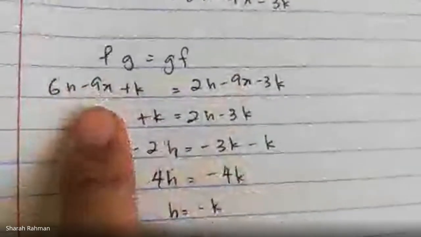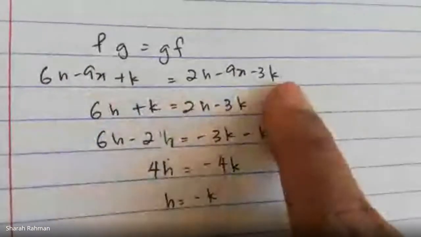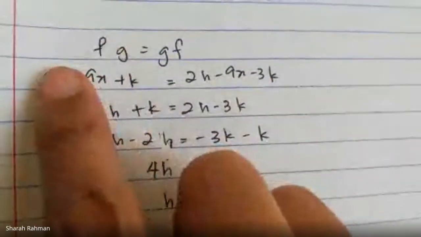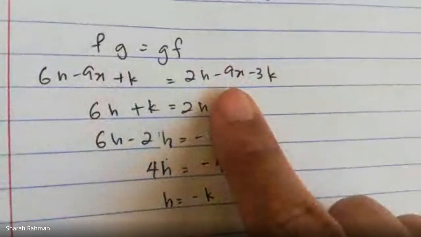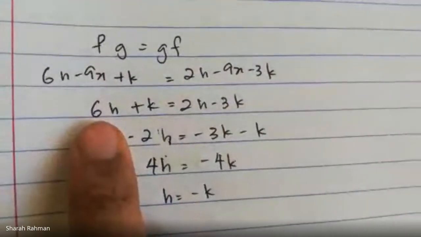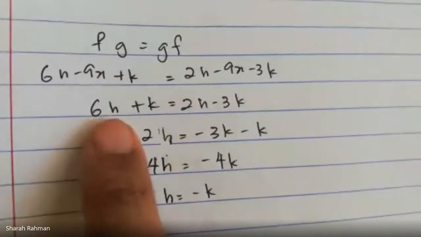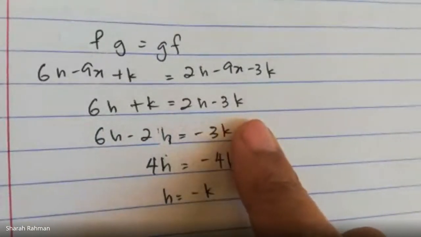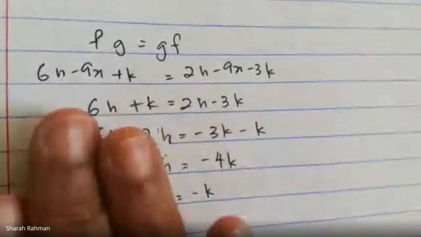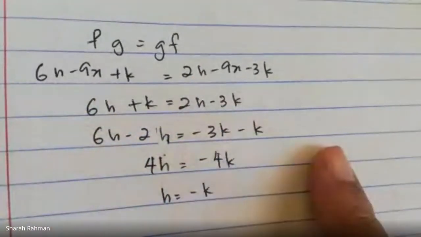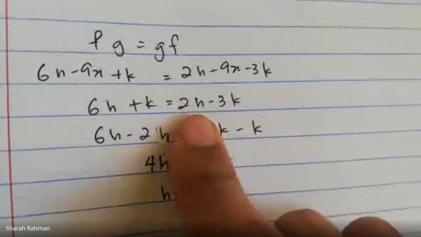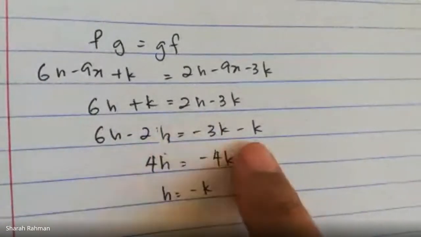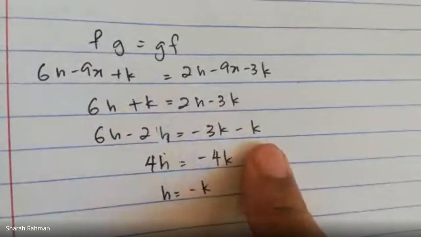Here we have negative 9x, here we have negative 9x, we can eliminate both sides 9x. The remainder we have 6h plus k equals to 2h minus 3k. So then we bring h to the left side and the k to the right side. So 2h becomes negative 2h, positive k becomes negative k.